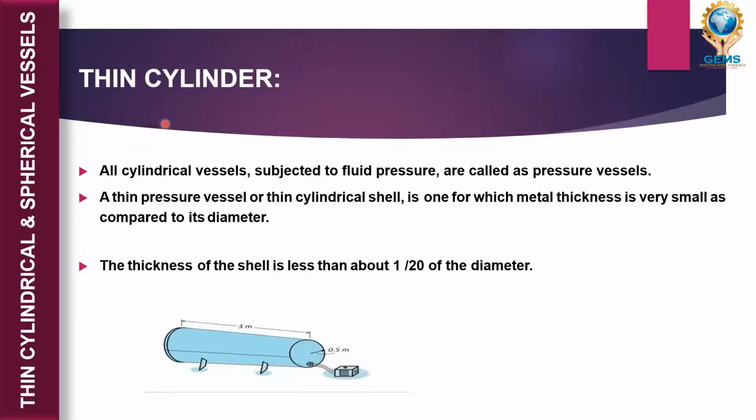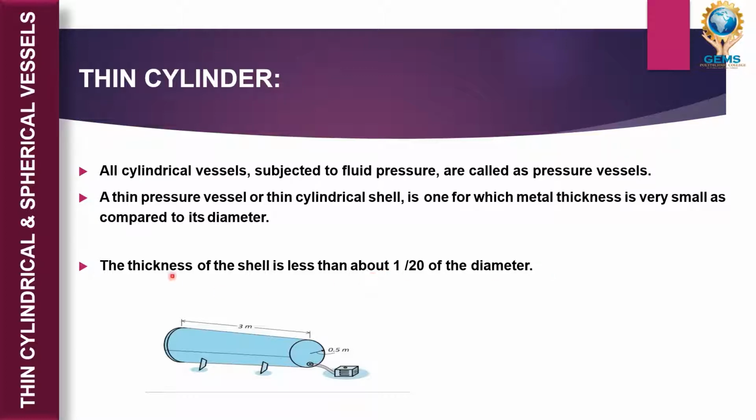As I discussed earlier, the thickness of the shell should be less than about 1 by 15 to 1 by 20 of the internal diameter. Mostly, in solving numerical problems, we take 1 by 20 only. If they give 1 by 15, then we will take that one; otherwise, we take 1 by 20.